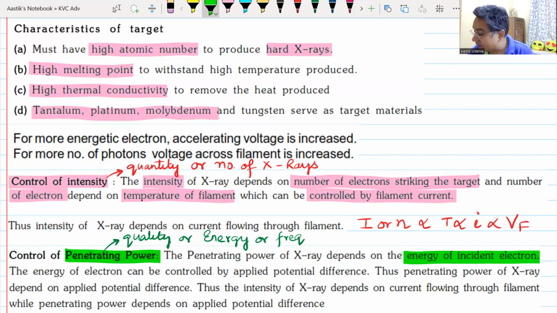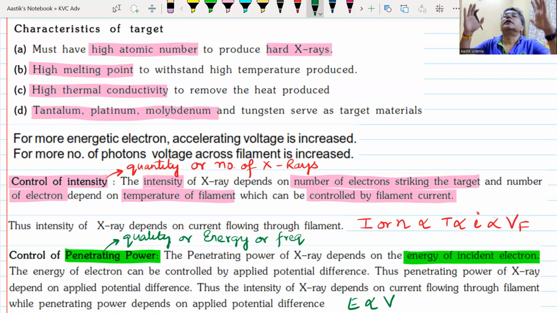That means the penetrating power or the energy of X-rays is directly proportional to the applied voltage V between the cathode and the anode. Do we understand this? Yes, sir. Take a deep breath, close your eyes, open your eyes, read it 5 times, and then write it.